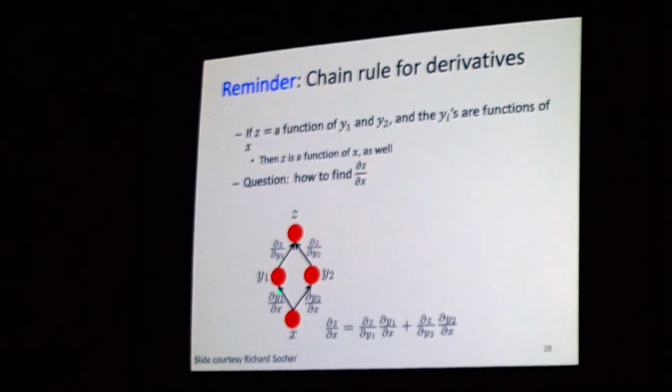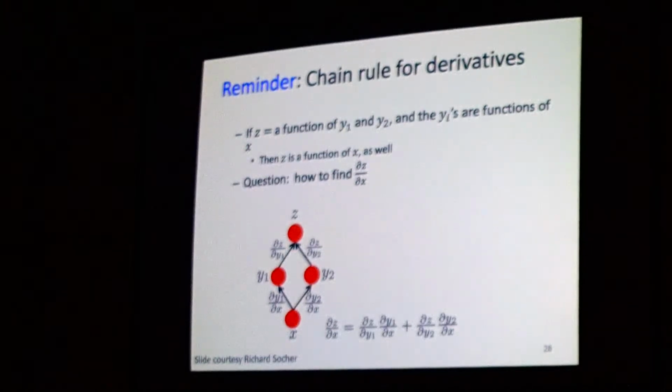Then for each path, we multiply the partial derivatives along that path. Then we add up the results over all the paths. That's how, from the graph, we can compute the partial derivative.